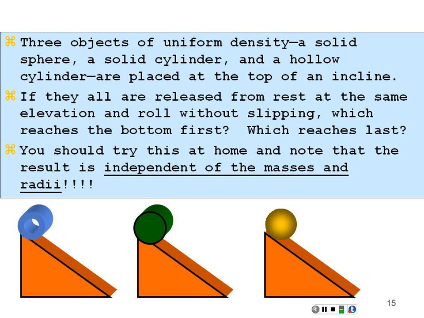Actually, we should be thinking along the edge, so it's really 2/3 as opposed to 7/5. But still, this is greater than this. So this will be harder to change its motion. It'll be harder to get this going from rest to some speed as opposed to this. This has a smaller moment of inertia. It'll gain speed quicker. Hence, based on that theory, this should make it down to the bottom before this does.